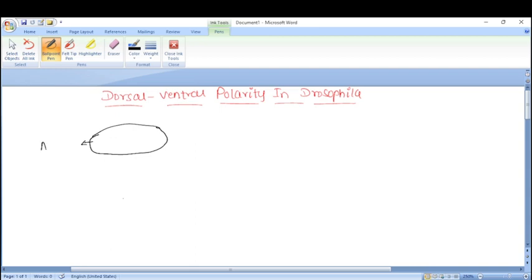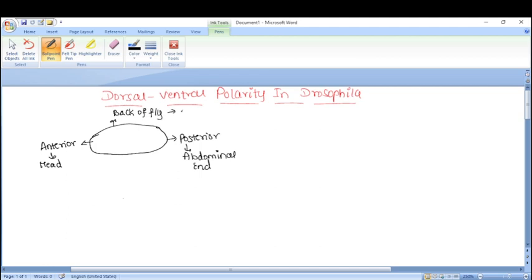This is the anterior region. Anterior region means head region, and this is the posterior region. Posterior region means abdominal end region. Head region is called the anterior region, abdominal end region is called the posterior region, and the back of the fly is called the dorsal.